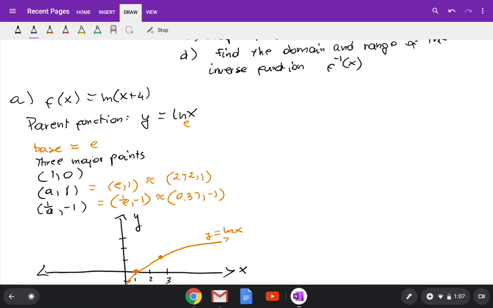However, our graph is ln of x plus 4. So that plus 4 means we're going to have a horizontal shift. And when you have a horizontal shift, it's always the opposite of what you see, which means a horizontal shift 4 units to the left.